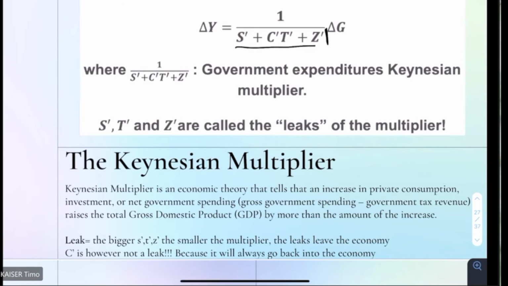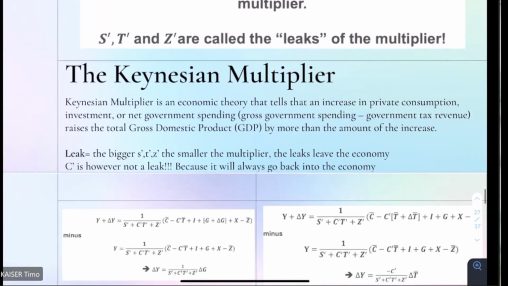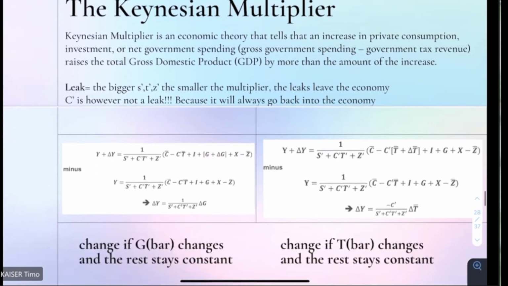And if something increases the bottom half of a fraction, I forgot the name, how it's called, this will of course make the whole division smaller. Okay, this is the theory of the multiplier. You can have a look at it afterwards. As I said, the presentation will be on our website.